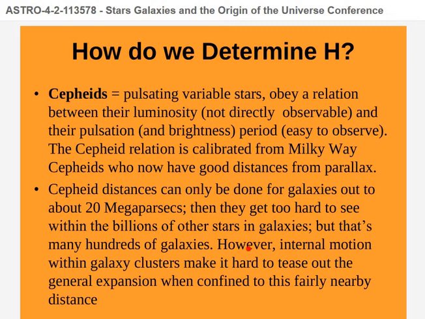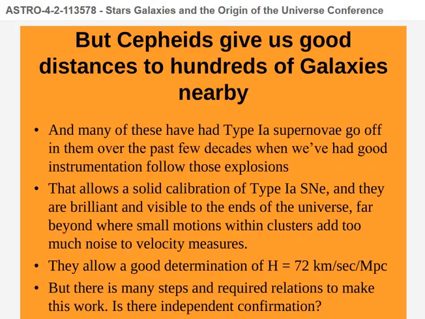So Cepheids are our distance indicator, but then you can go farther by using an even brighter and therefore more distantly visible distance indicator that we talked about a little bit before, and that's type 1a supernovae. They're all the same.